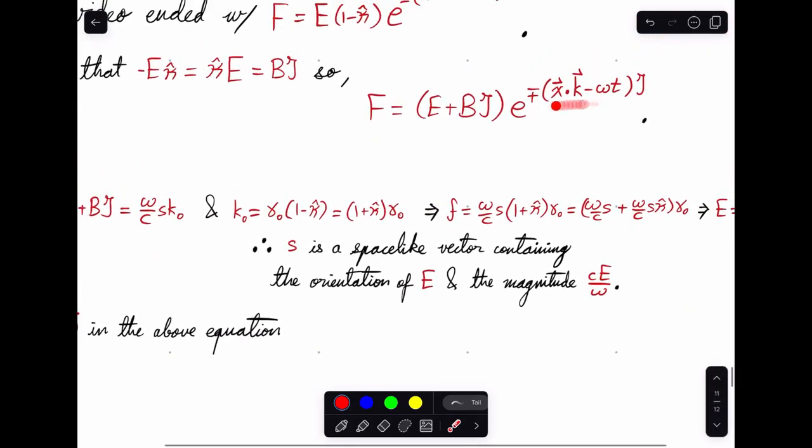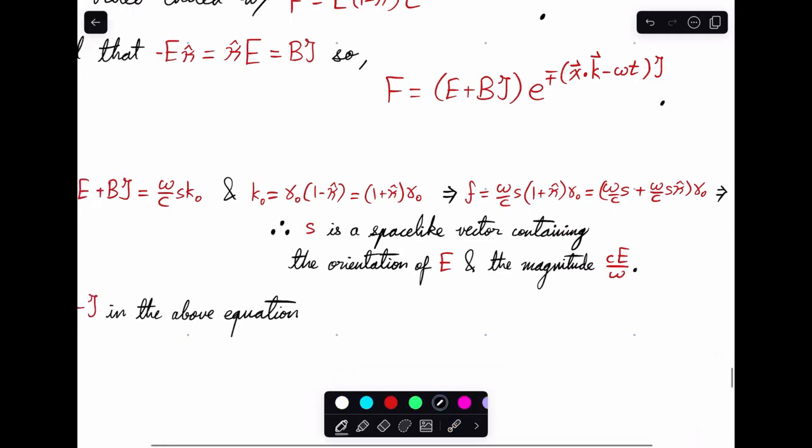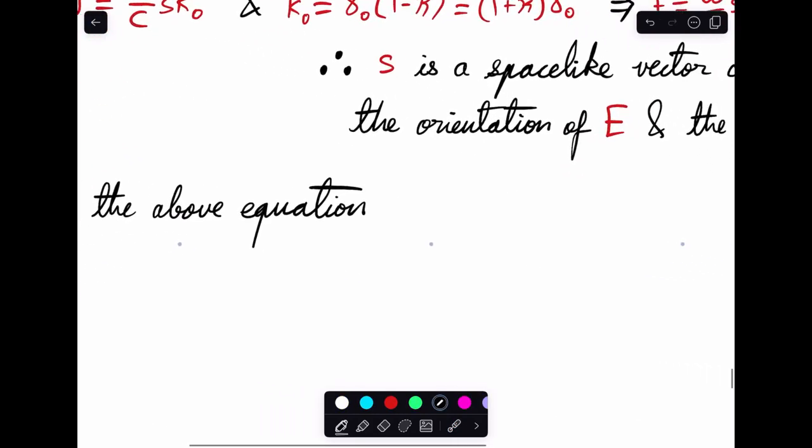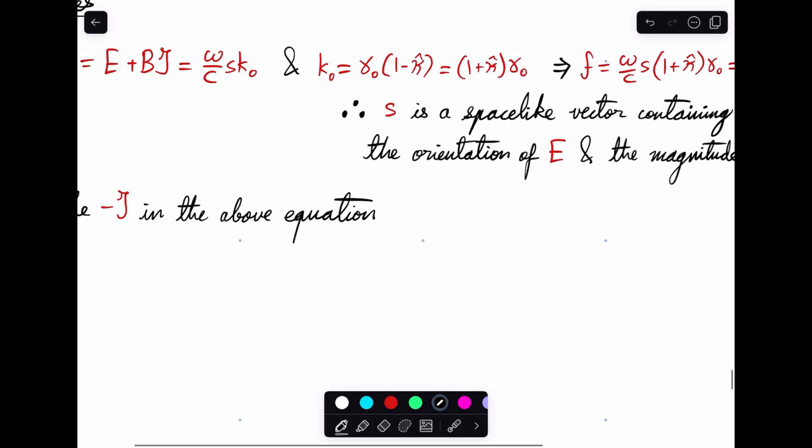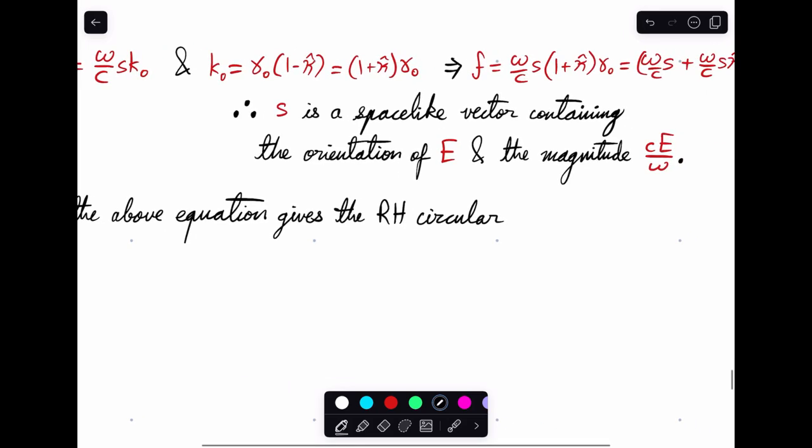So when this is minus, so this negative I gives the right-handed circular polarization.